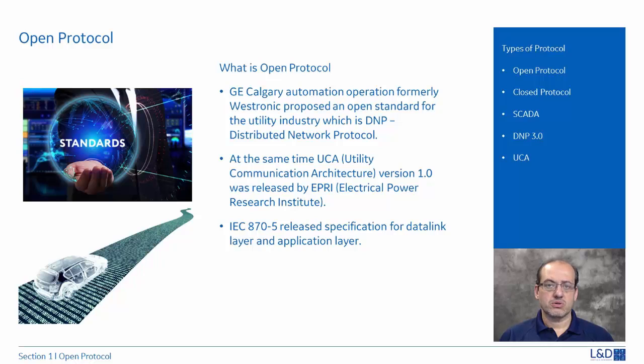So DNP protocol is not the same as 870-5 protocol, okay? And it was an open protocol, a shared protocol that came out around the year 1993 with the first shared released protocol to all the vendors.